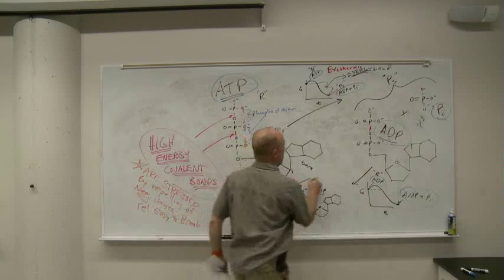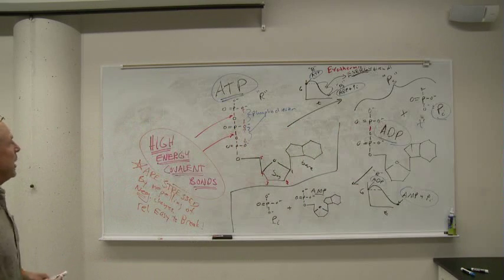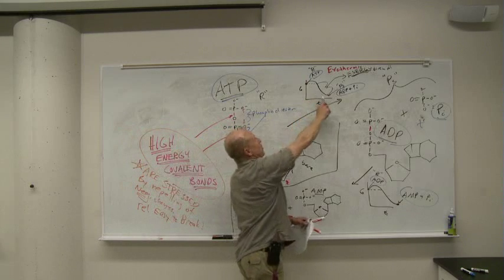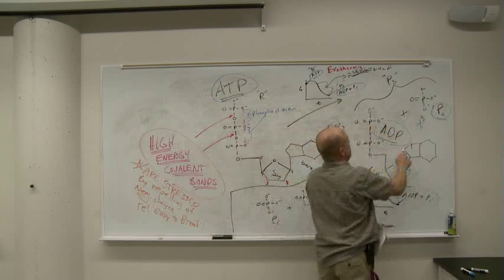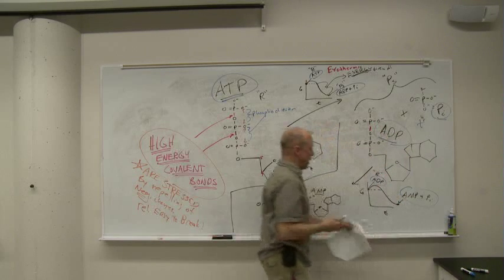I'm going to draw a line to show how this took place. ATP breaks down, an exothermic reaction gives off energy, and it becomes ADP plus Pi. ADP then breaks down to become AMP plus Pi.